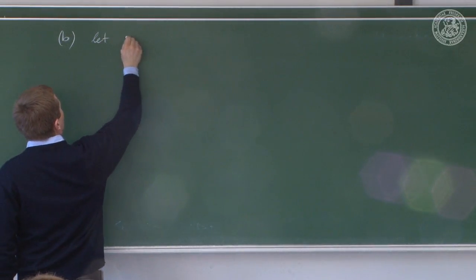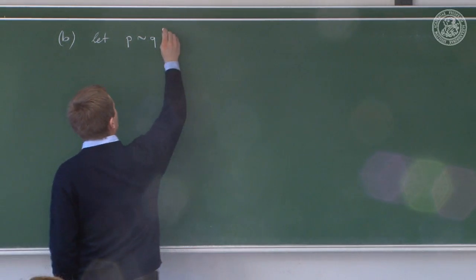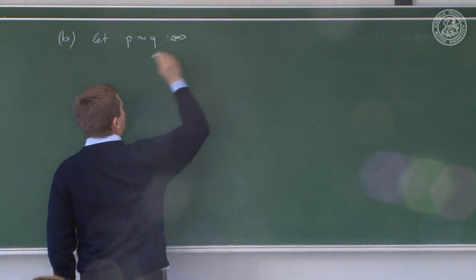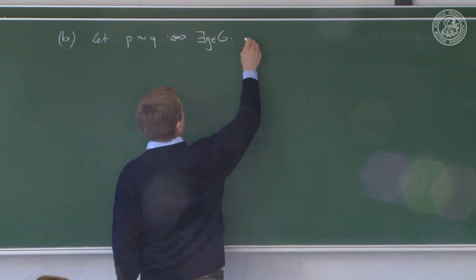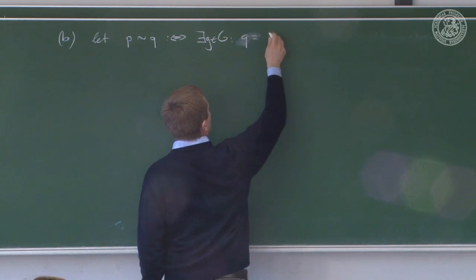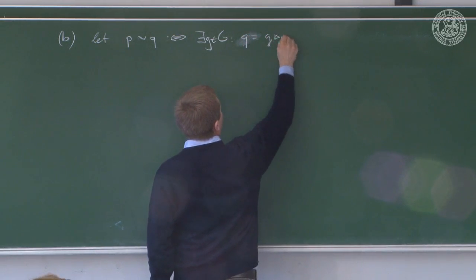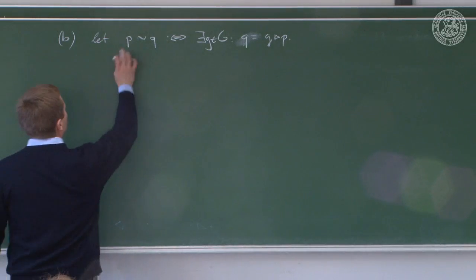Let P be equivalent to Q, so these are points in M, by definition, if there exists a g in G such that Q equals, or P equals, it doesn't matter because we can take the inverse, g acting from the left on P. So in other words, they are called equivalent if they lie on the same orbit. So this point and this point are equivalent, but that point and that point are not. Okay?